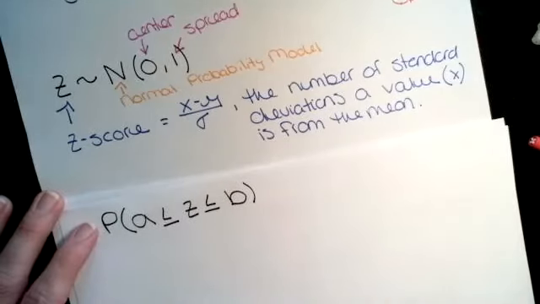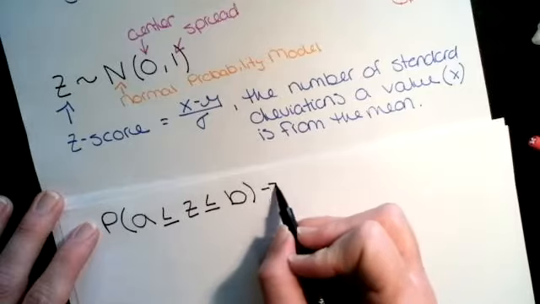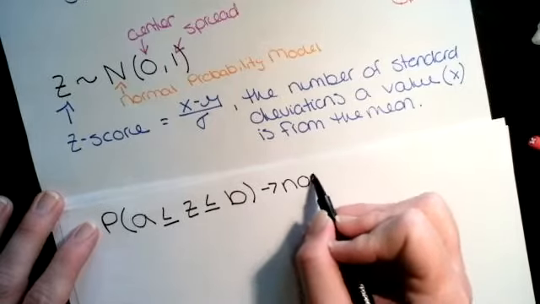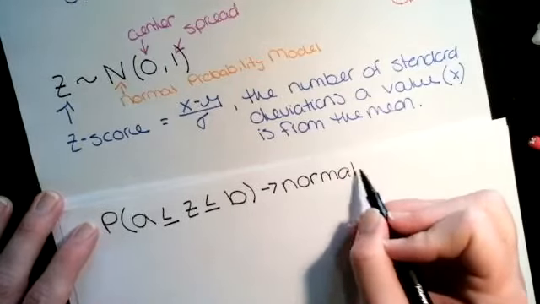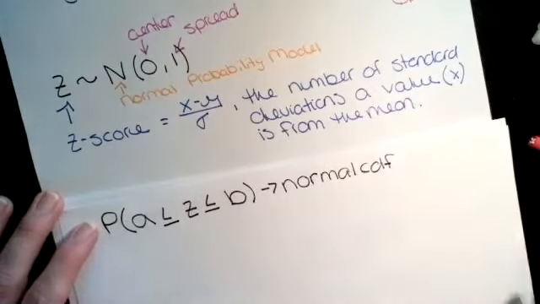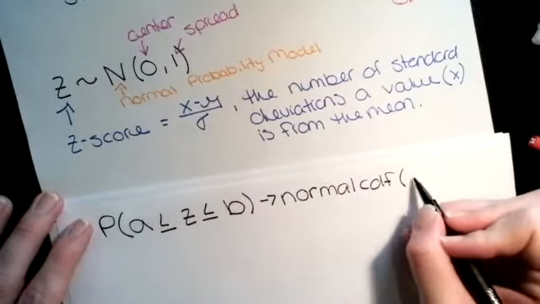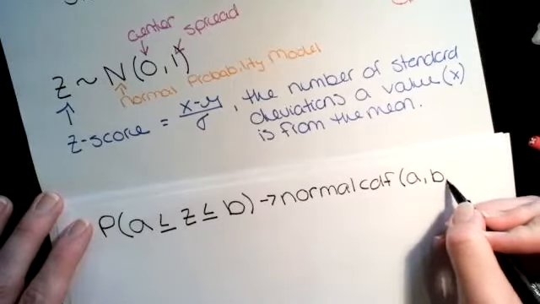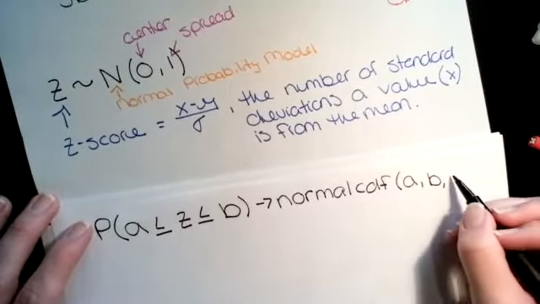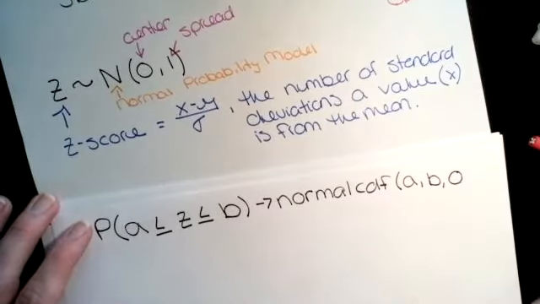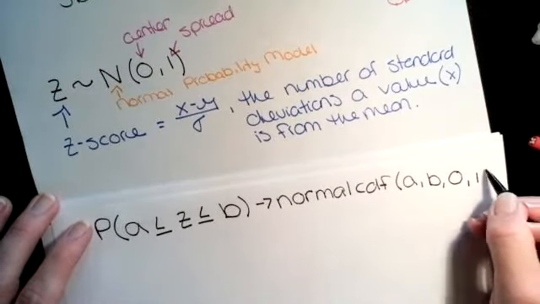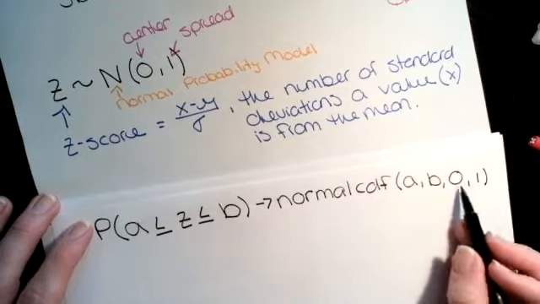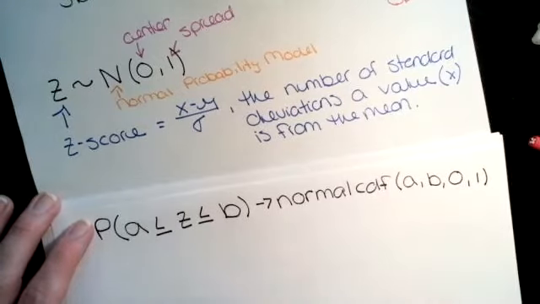So with our calculators, we will use the normalCDF function. And the input will look like this. My lower bound, my upper bound, just like last class, and the center, 0, and the spread, 1. When we're looking at Z, the standard normal, those don't change.